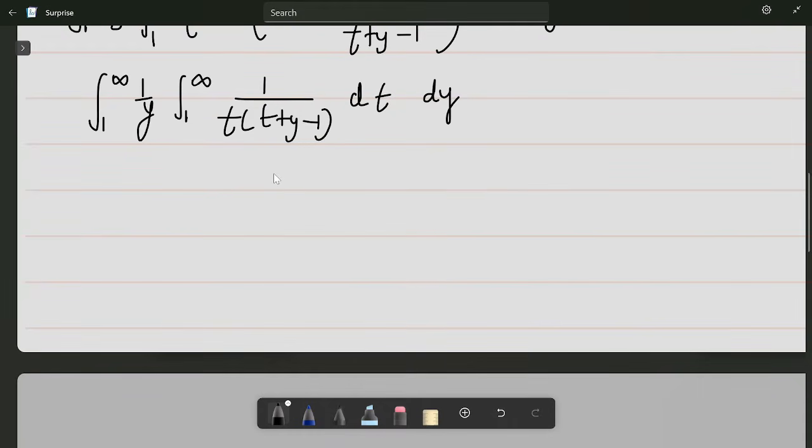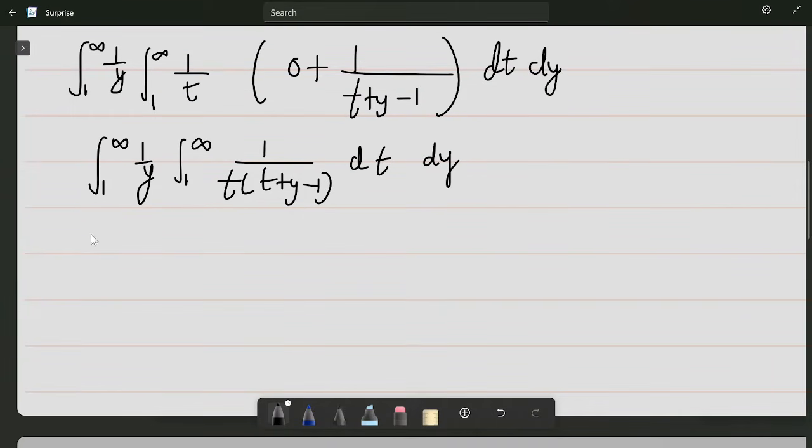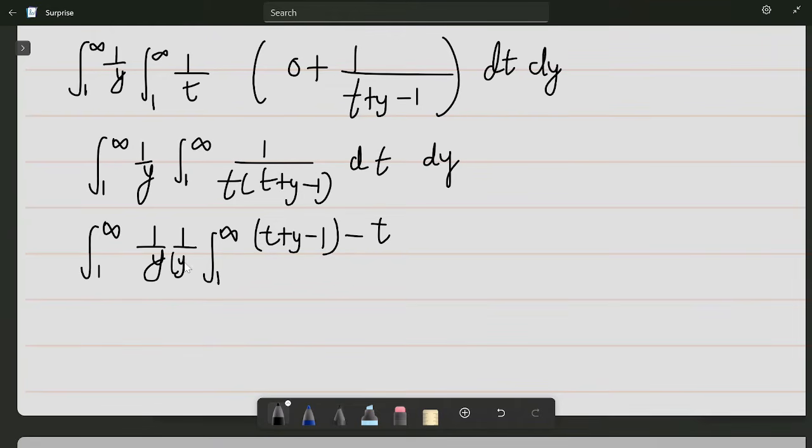Now we can use partial fractions for this. y is constant for this integration, so we can write t plus y minus 1 minus t, and also introduce 1 by (y minus 1) over here, by t times (t plus y minus 1), dt dy.